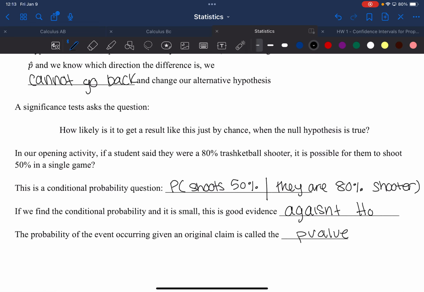Well, instead of saying we believe he's going to make more basketballs, we would say we think he's going to make a different amount than he's guessing. That different amount could be less than or greater than. That is two-sided. Two-sided is when we say whatever his claim is, we're just going to say different. One-sided is whatever his claim is, we're going to claim either more or less. So if we're claiming different, that means it could be more or less. We don't care as long as it's different.